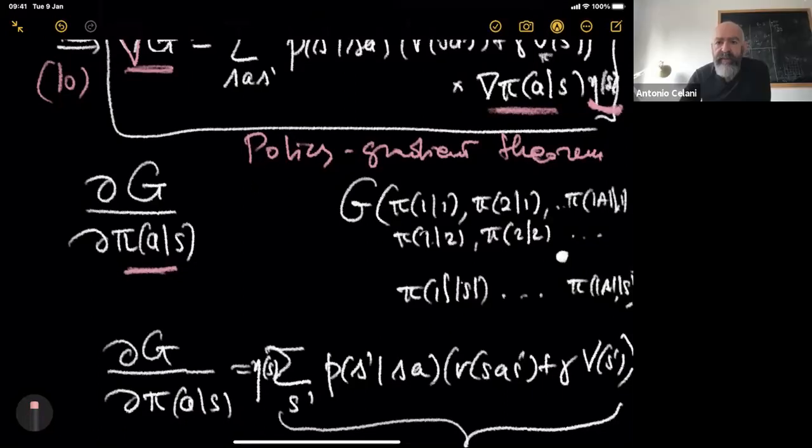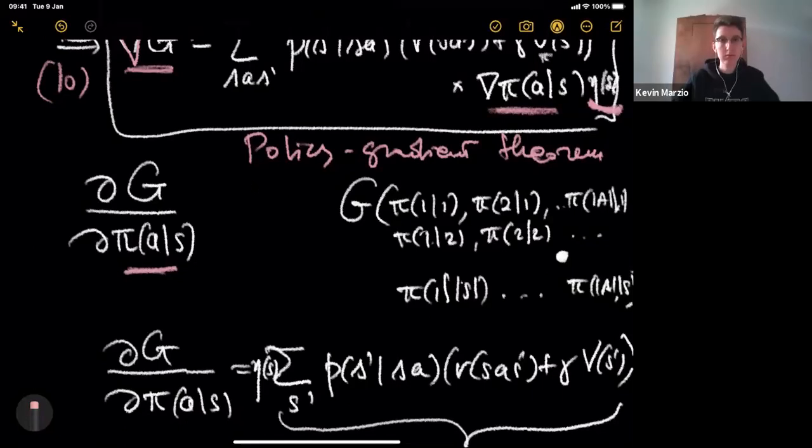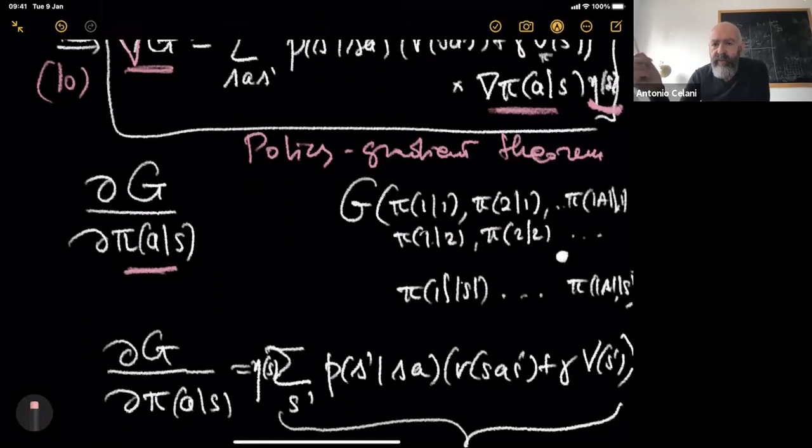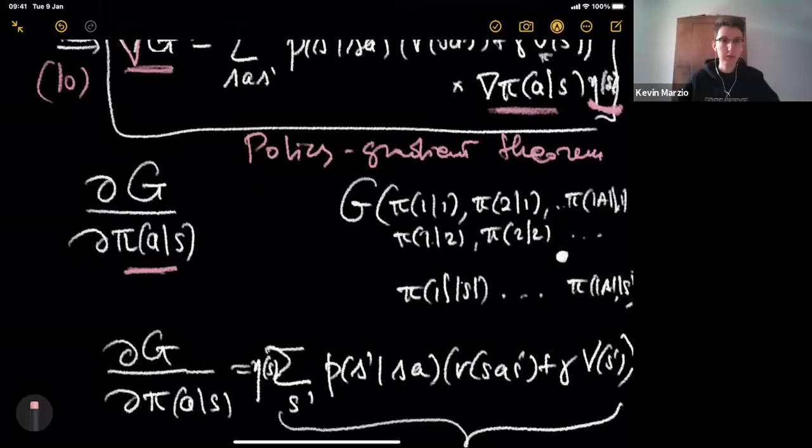All of this was in fact to move around all the implicit dependence on the policy and get to the direct derivatives with respect to the policy. Because we don't want to have gradients of the value function or gradients of eta. And we have removed them. Is that clear? Okay, thanks. Sure.